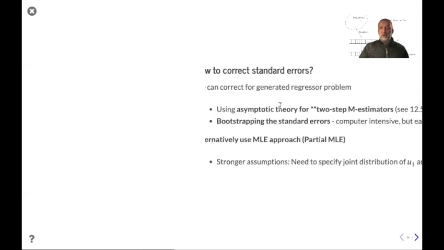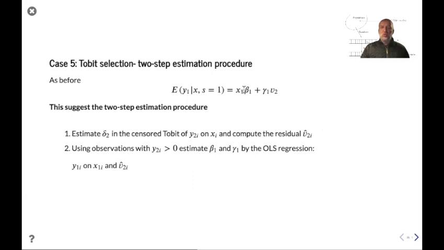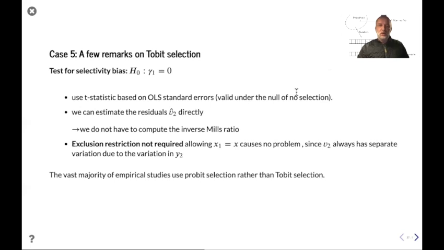But you don't have that problem for the Tobit selection, because you have separate variation in the variable y2, say, the number of hours, that is separate from the variation in the explanatory variables. So when you include V2 here as a regressor, these residuals depend on x, but they also depend on y2, so you don't have perfect collinearity.